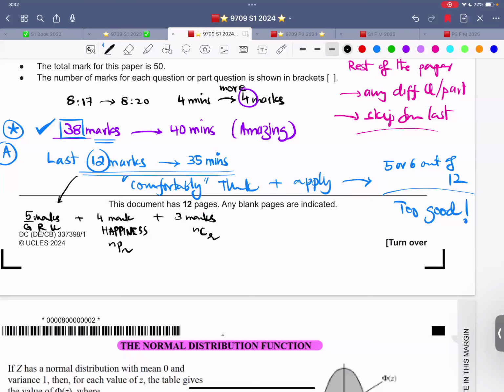So let's analyze how much you can achieve easily. These 3 were good enough. Out of these 3 marks, even if you achieve 2 out of 5, that is amazing. Out of these 4, even if you achieve 2 out of 4, that is amazing. So basically, you are just putting at risk 3 marks.